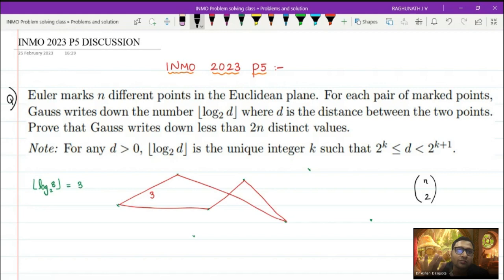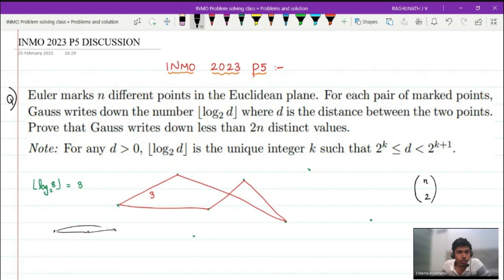Even if they are collinear, Gauss will write the distance for them also, because they are different line segments at least. So this is not exactly about line segments, he just writes down the distance between two points. So in total, Gauss writes n choose 2 numbers.